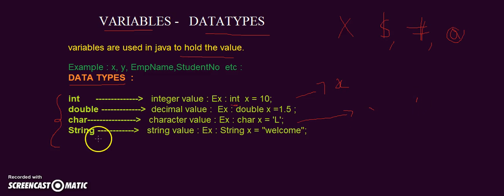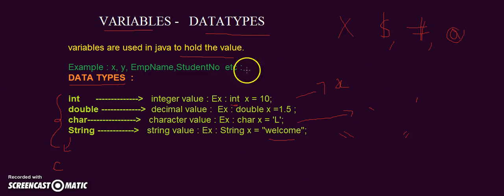Next is the string data type, used for storing string values. Here S should always be capital. When using a string data type, S is always a capital letter. Here string x is equal to welcome. The string should always be in double quotes, while a character should always be in single quotes.